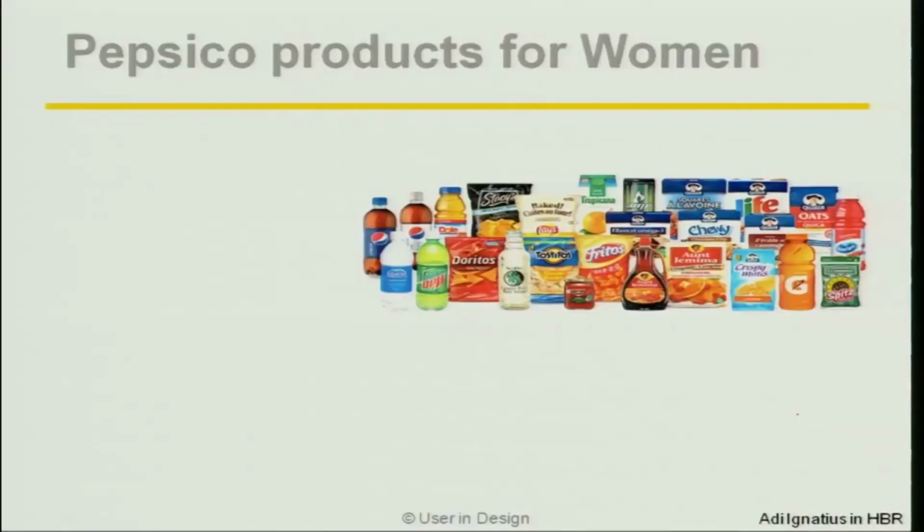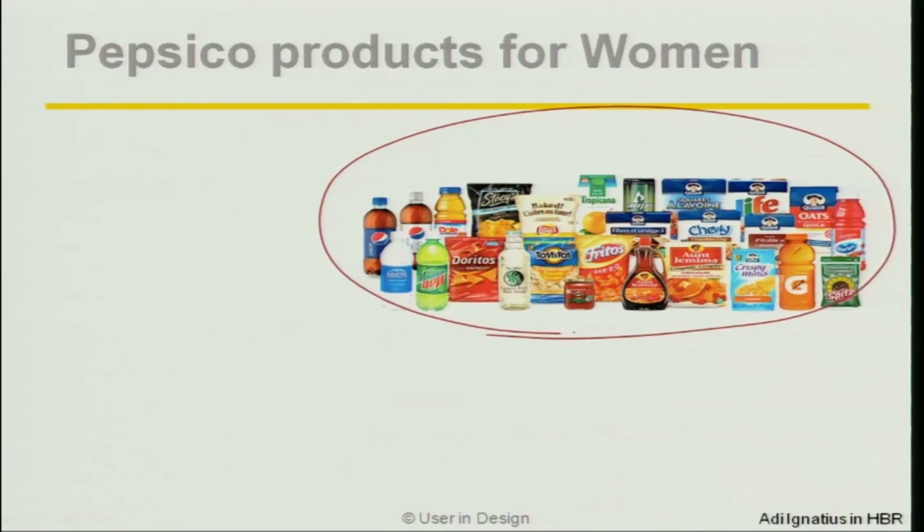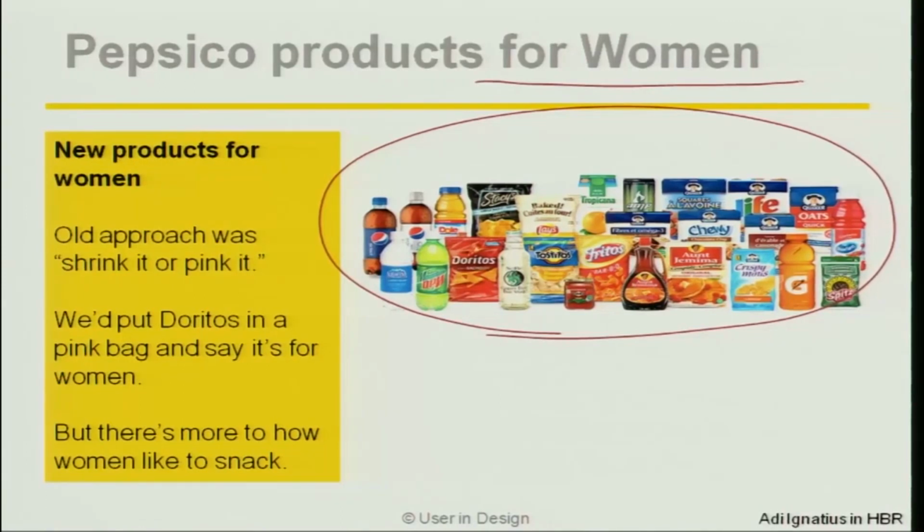Again, let me remind you that if you look at these products, a lot of people would say innovation can't be done. There's nothing to innovate in these, right? So what did PepsiCo do specifically for women? They went through research and they found out a lot of things about women's snacking habits that are very different from men's, right?